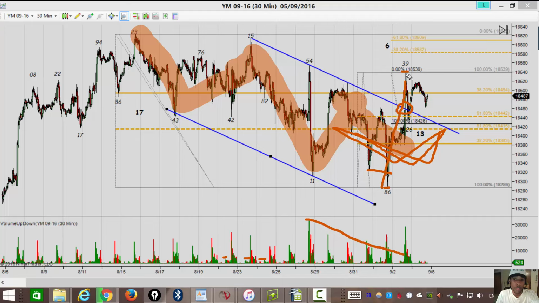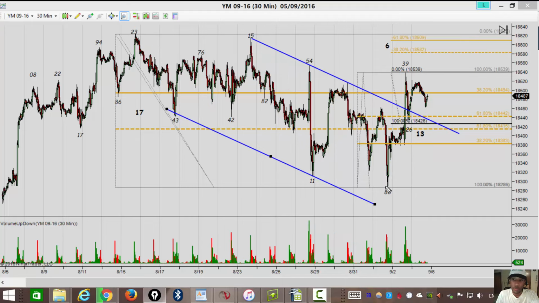If we go from Thursday's low to Friday's high, and then back, this is 38.2%, a 38.2% retracement of this overall move, and that coincides roughly with the break of this channel.